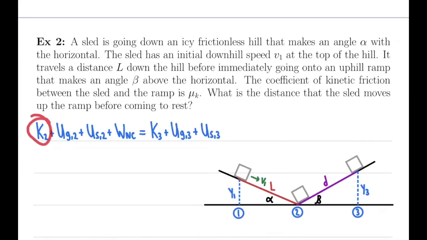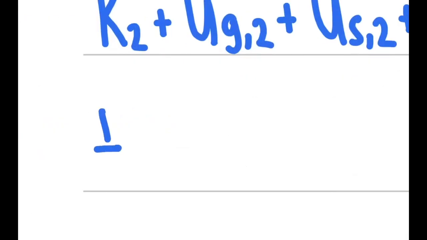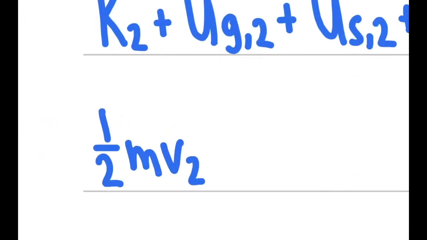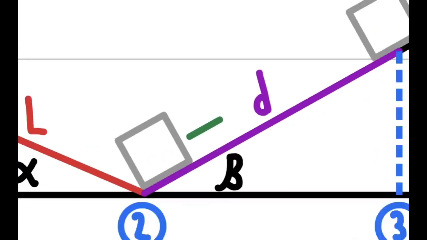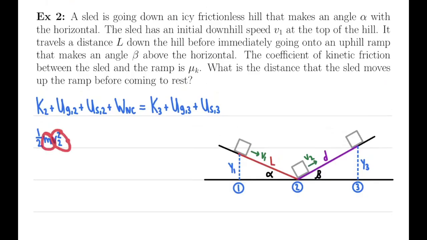Okay, so we have K2 plus UG2 plus US2 plus the work done by the non-conservative forces equals K3 plus UG3 plus US3. So K2 is 1 half mv2 squared. That means the sled has a speed v2 at the bottom of the ramp that we don't know. So we don't know m and we don't know v2.